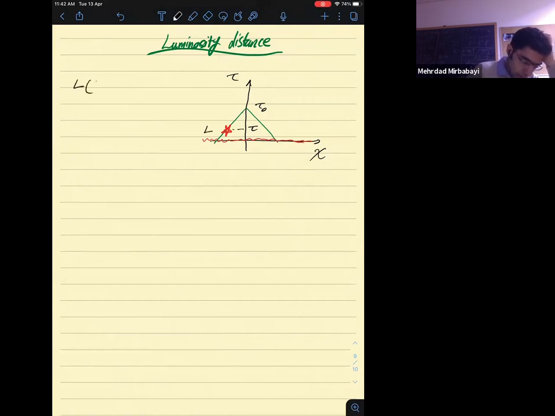Luminosity is energy per unit time. So we know its luminosity measured by a local observer at that time, the total energy per unit time that was being emitted at that time. And the question we want to ask is, what is the flux today? The energy flux today. Flux is energy per unit area per unit time.